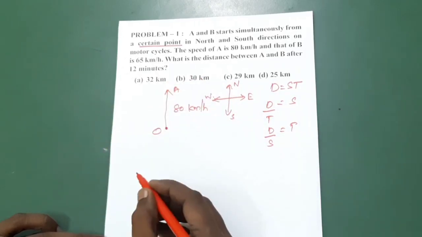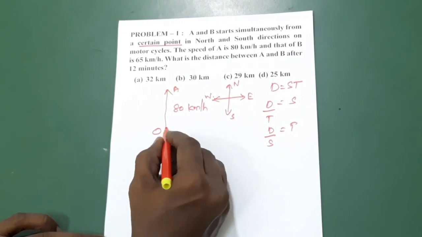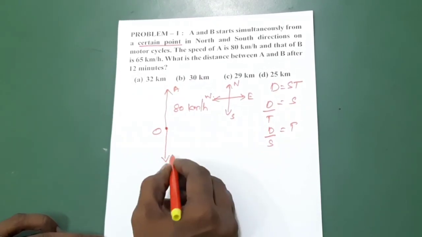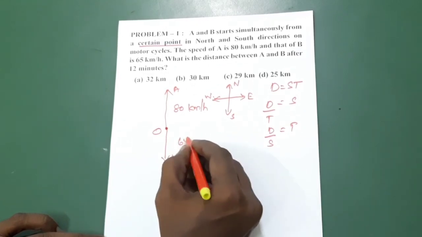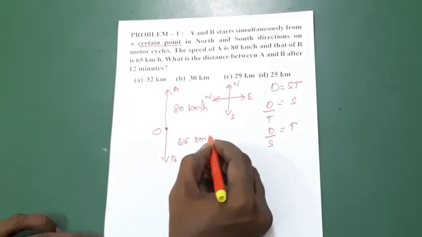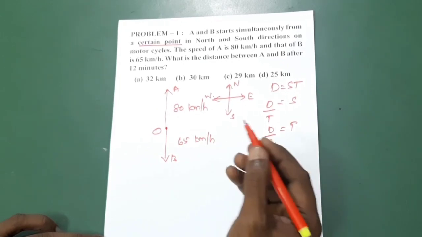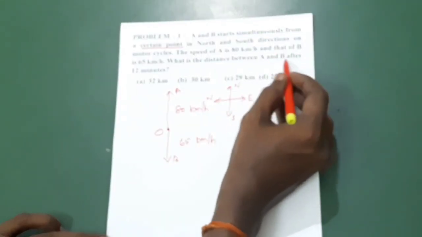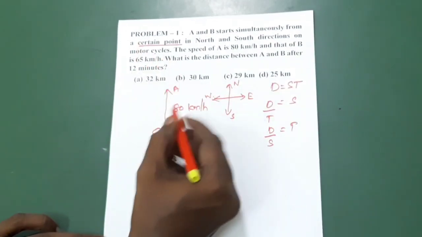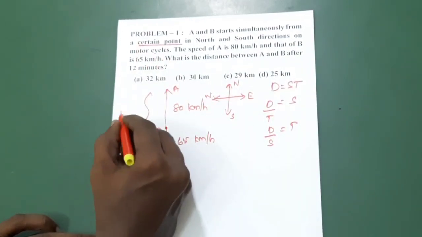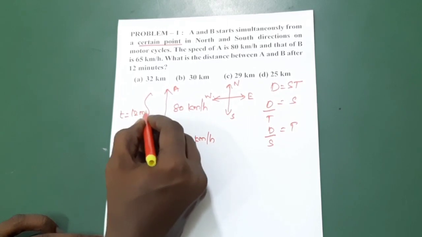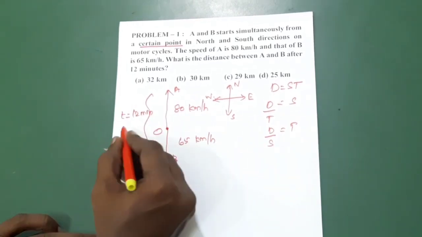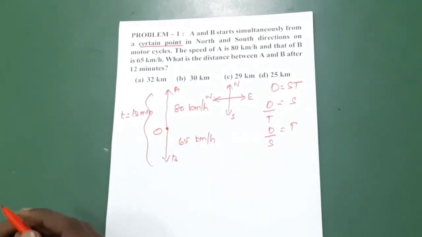B is moving towards south at the rate of 65 km per hour. What you have to find is the distance between A and B after 12 minutes. All these are given in kilometers per hour.